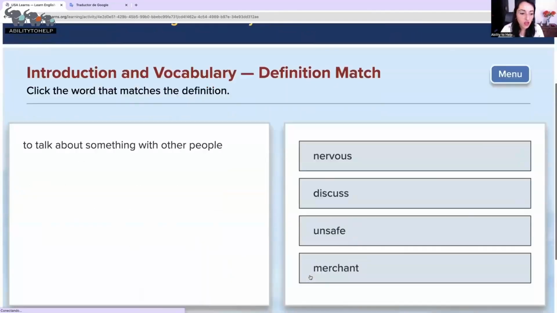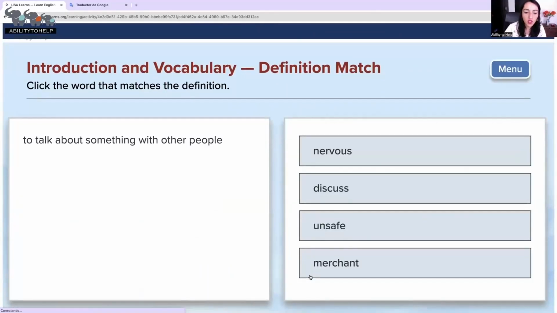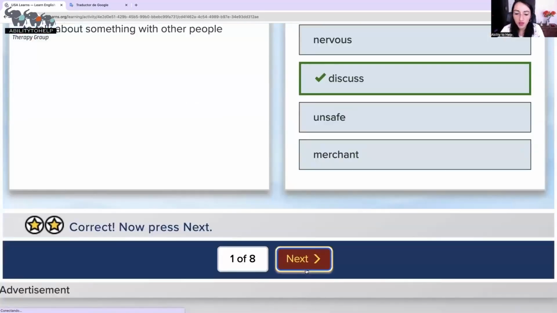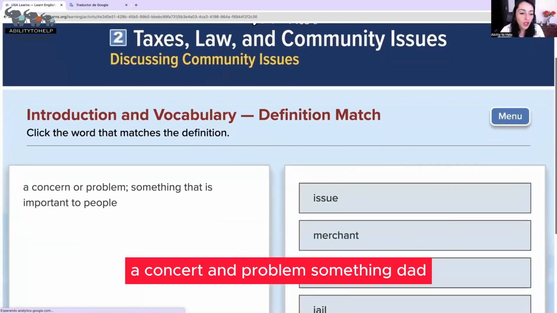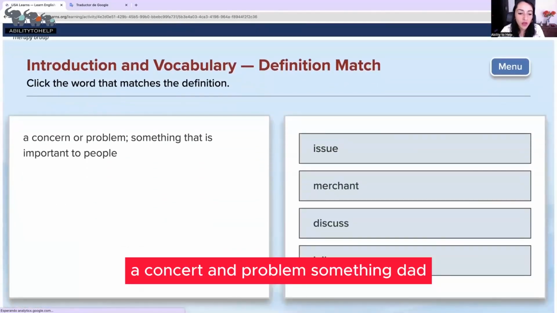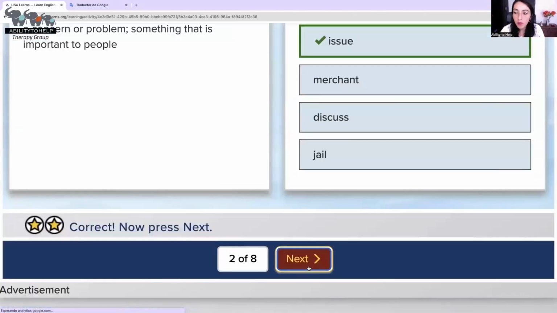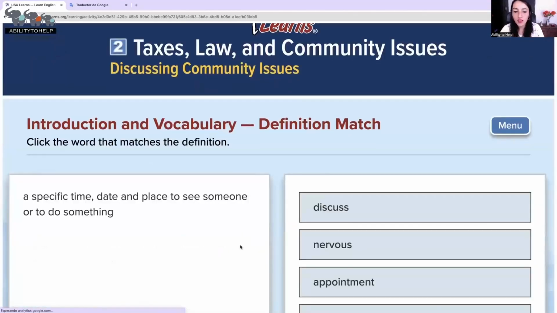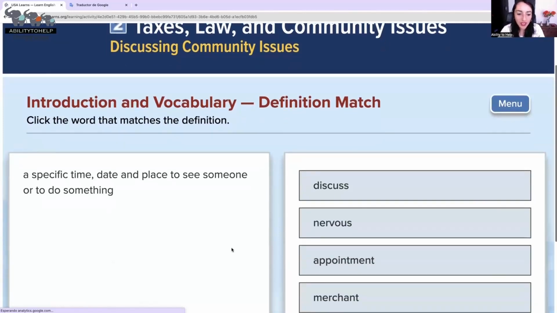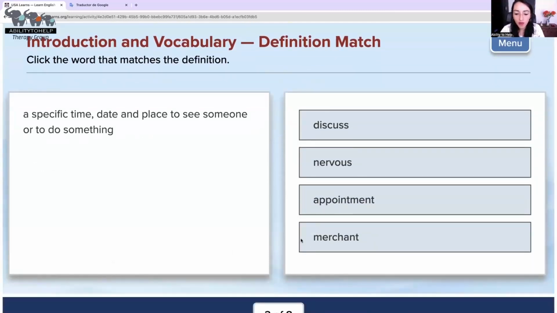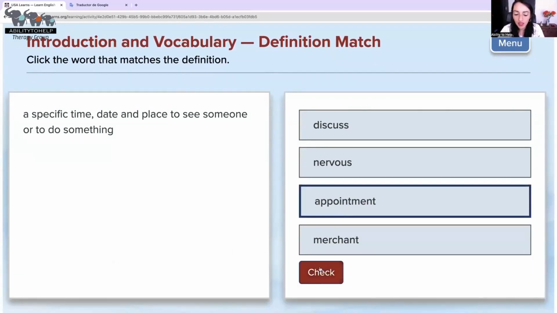So, to talk about something with other people is discuss. Discuss about a topic. A concern or problem, something that is important to people. So, issue. Please pronounce that word. A specific time, date, and place to see someone or to do something. It is an appointment.